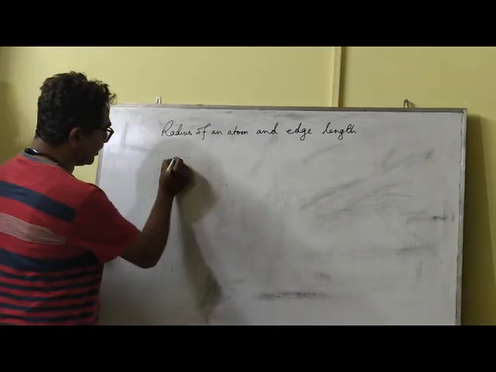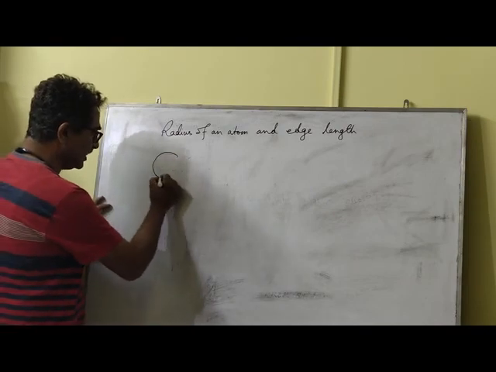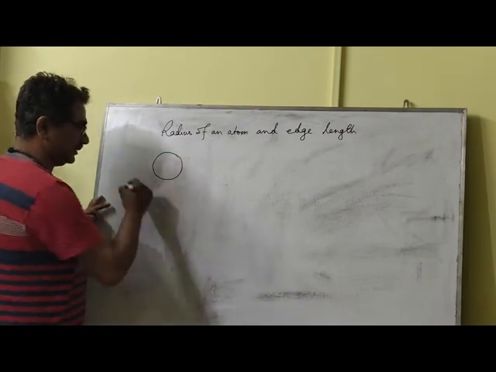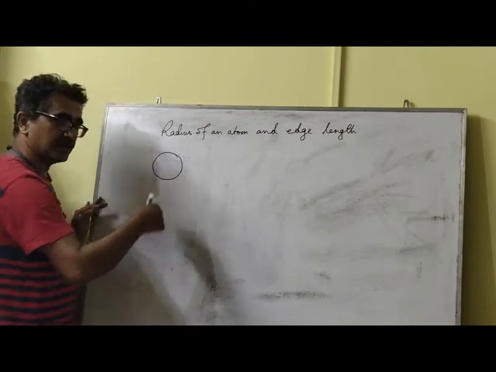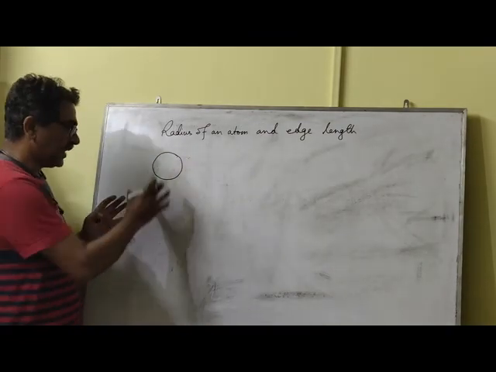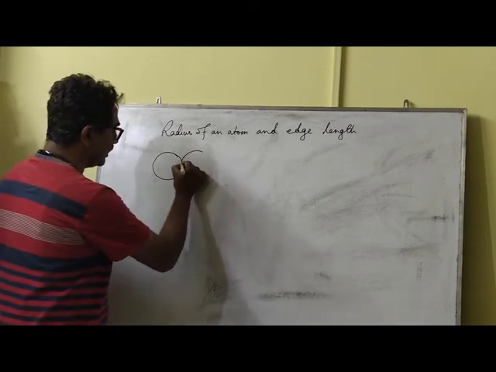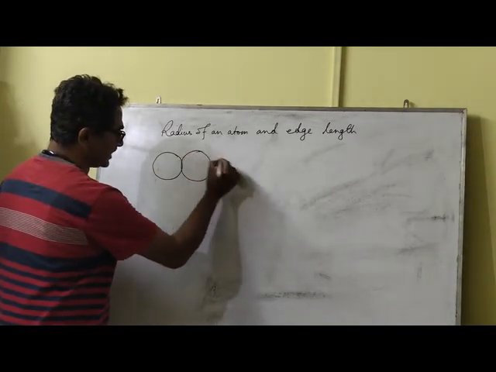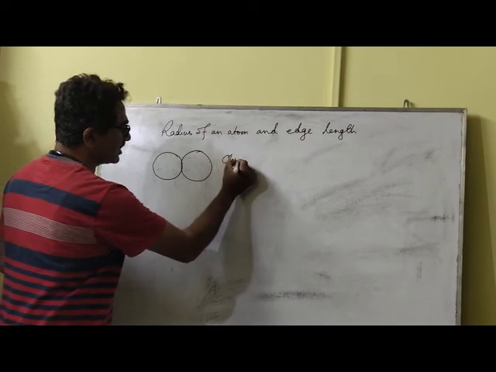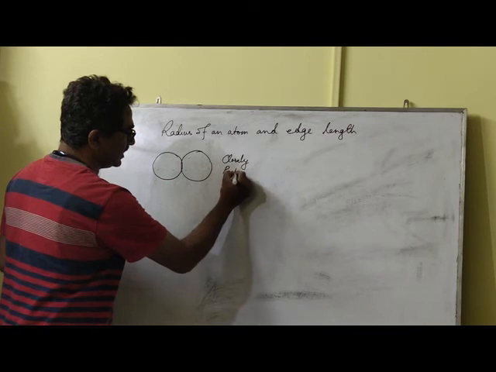Suppose, for example, since we are taking solids, we know that in solids the atoms, say this particular circle represents an atom, actually it's a sphere. They are closely packed. Remember, I was continuously stressing on this word, closely packed.